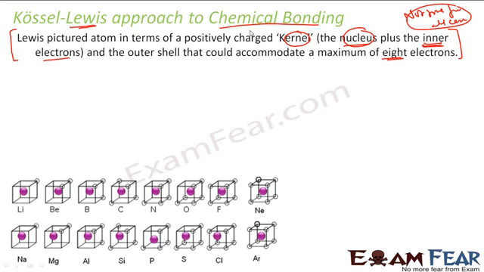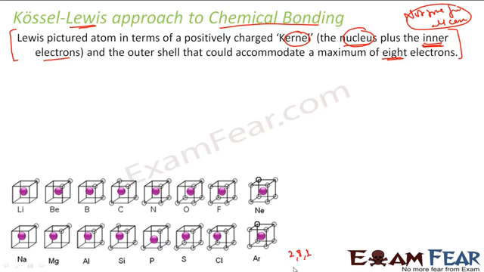This theory says that the nucleus plus inner electron is kernel. If you see, these are the kernels, and it can accumulate at the max 8 electrons in the outer shell. So if you see, lithium, for example, has only one outermost electron. Sodium also has only one outermost electron. Why? Because the sodium configuration is 2, 8, 1.